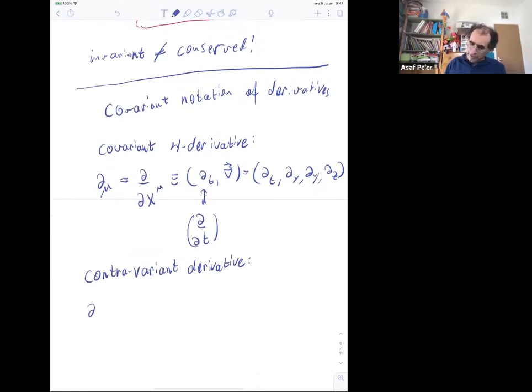So it's with an uppercase D, d mu, just d over d, and now x mu, x with a lowercase. Again, I did not have time because there is no real need in this course to get deep into the differences between vectors and co-vectors.